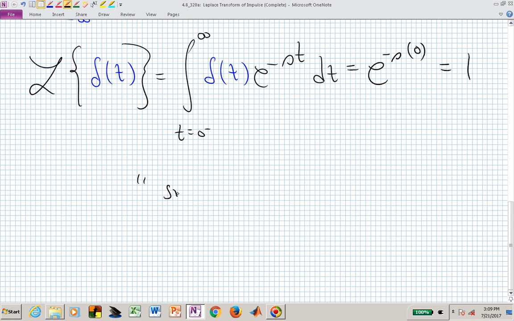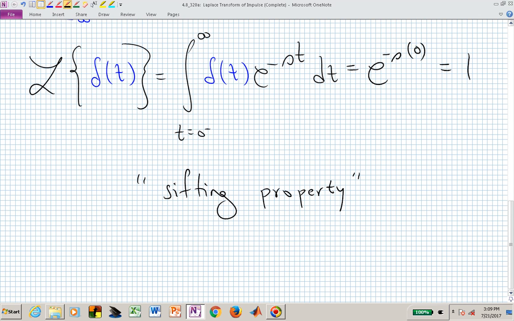And this property of the impulse inside the integral is called sifting. It sifts out what you have inside the argument, and it evaluates it when the impulse is alive, or active, or non-zero, and the only time that's true is when the argument of that impulse is 0.